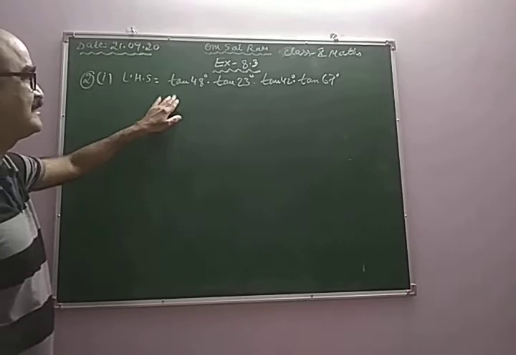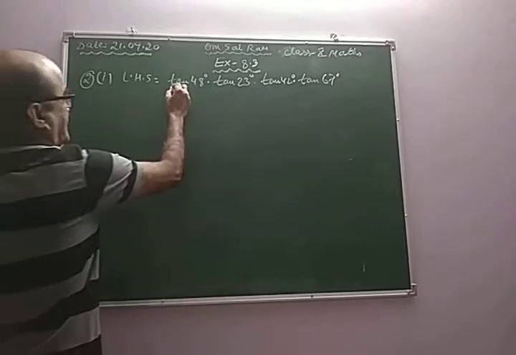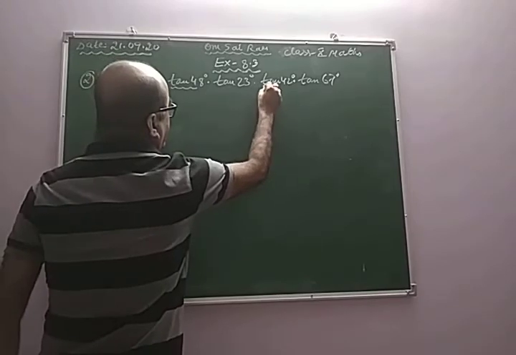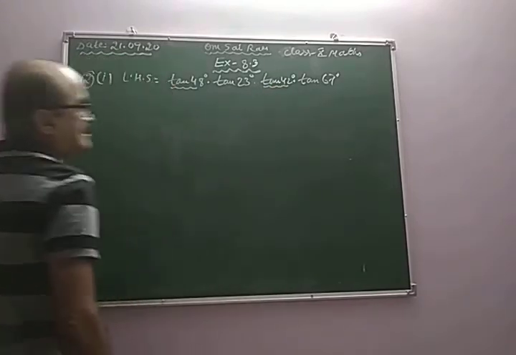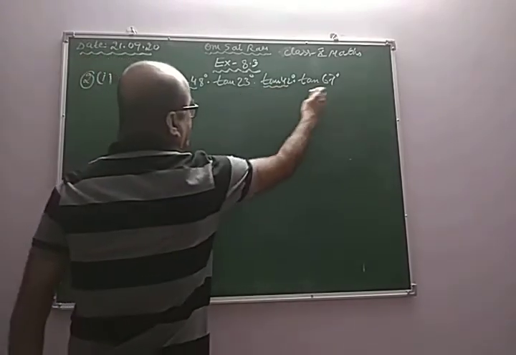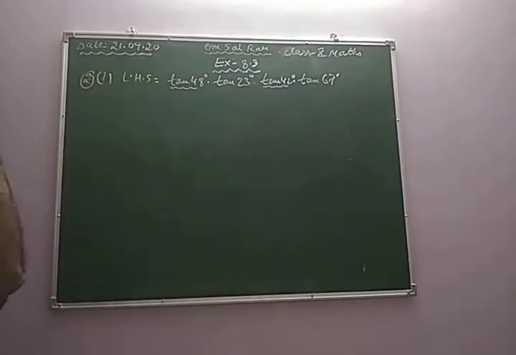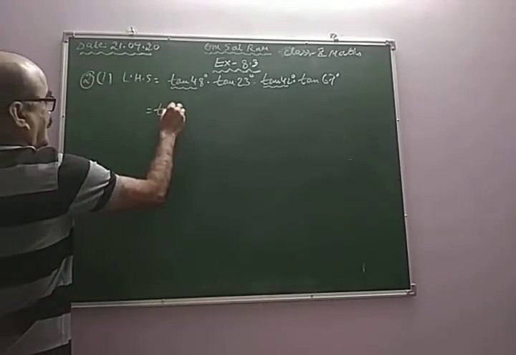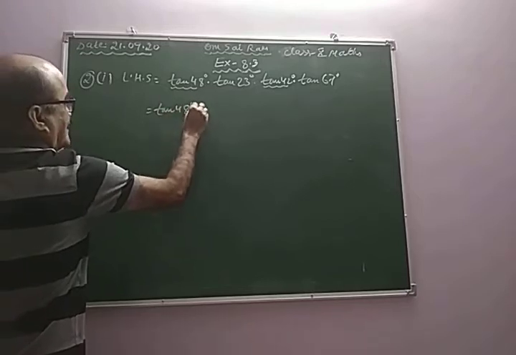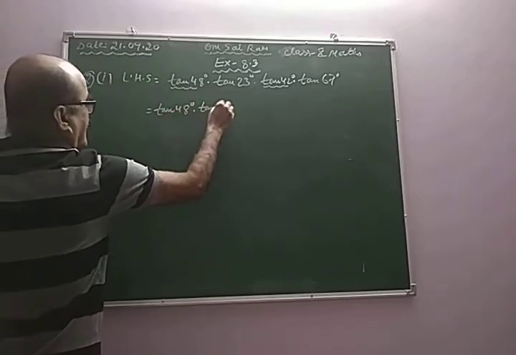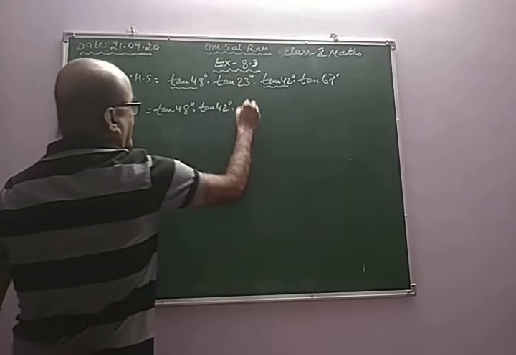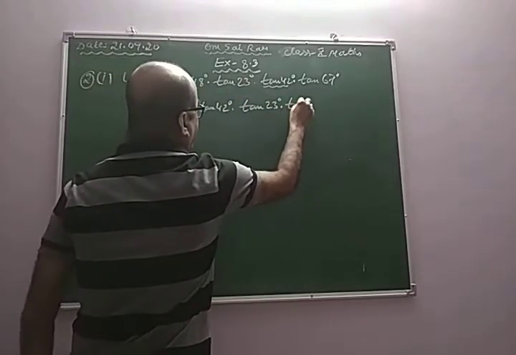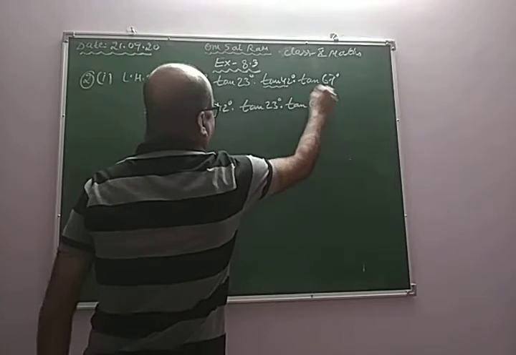So left hand side, what I am doing, I am taking the complementary angles together. 42 and 48 are complements of each other, and 23 and 67 are complements of each other. So I am taking them together: tan 48 degree into tan 42 degree into tan 23 degree into tan 67 degree.